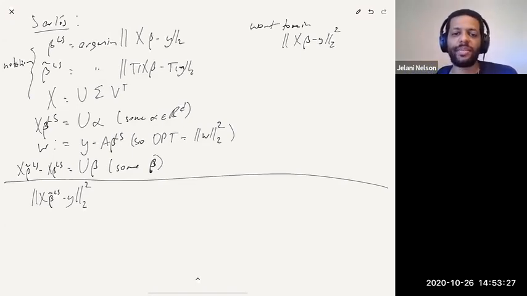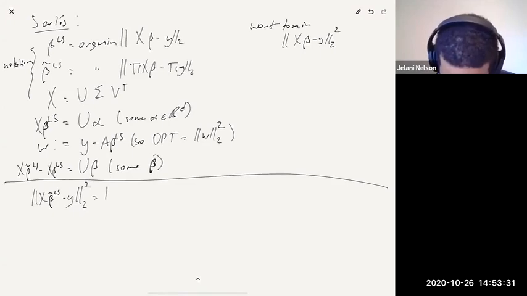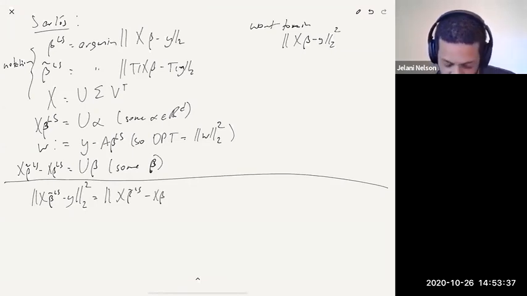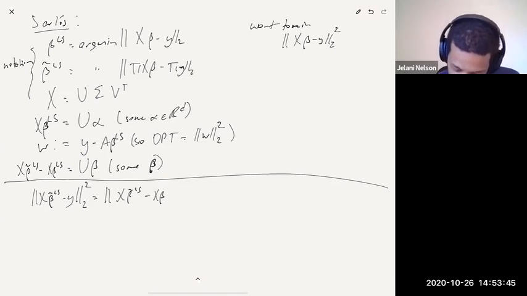So what I'm going to do is add in beta ls and subtract it. So this is equal to x beta tilde ls minus x beta ls. I'm going to stop writing the ls, and actually, let me not use beta, because beta is already taken. Give me another Greek letter. Rho looks too much like p.